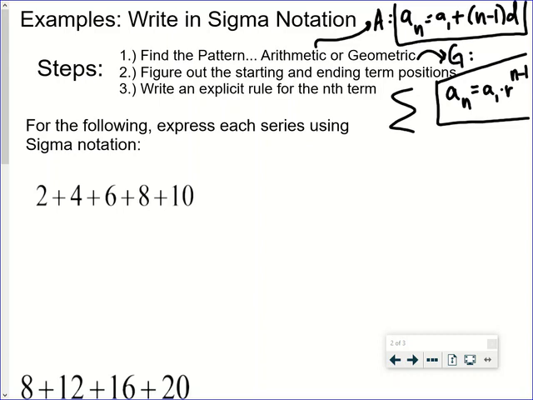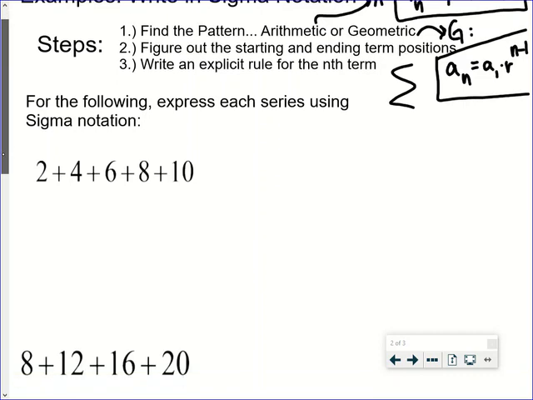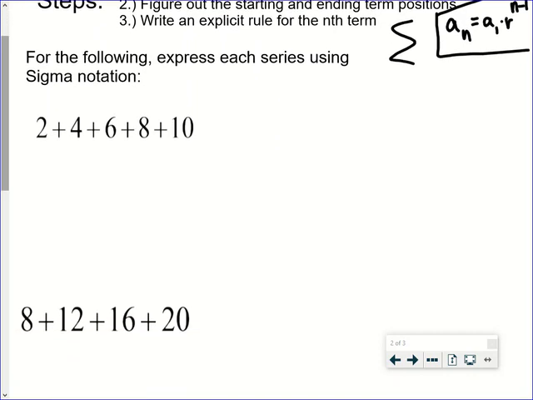Okay, so for our first example, we have this series. And what we are going to do is figure out the sigma notation that goes along with it. So for the first one, we have 2 plus 4 plus 6 plus 8 plus 10. Okay, so first thing we have to figure out what our pattern is. How are we getting from one term to the other?